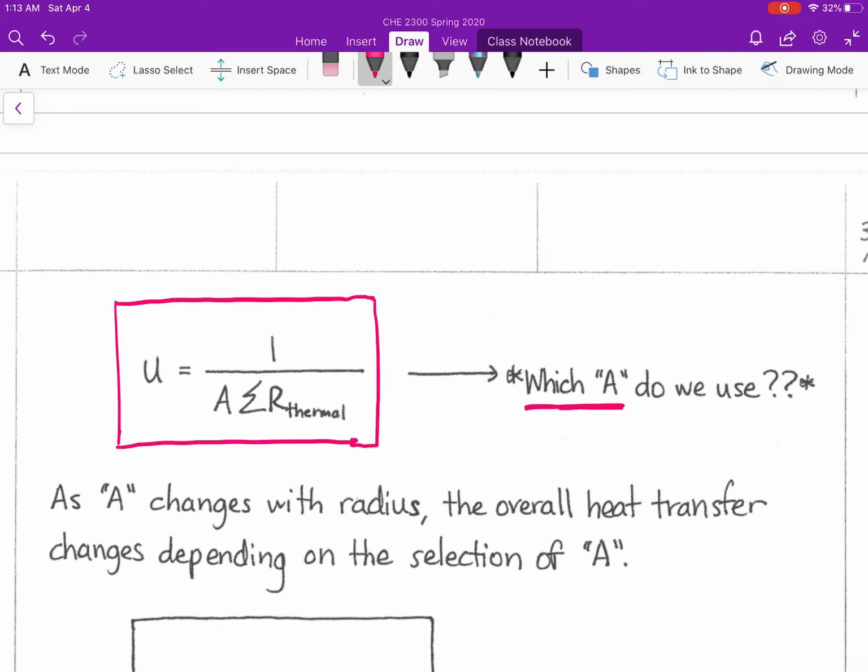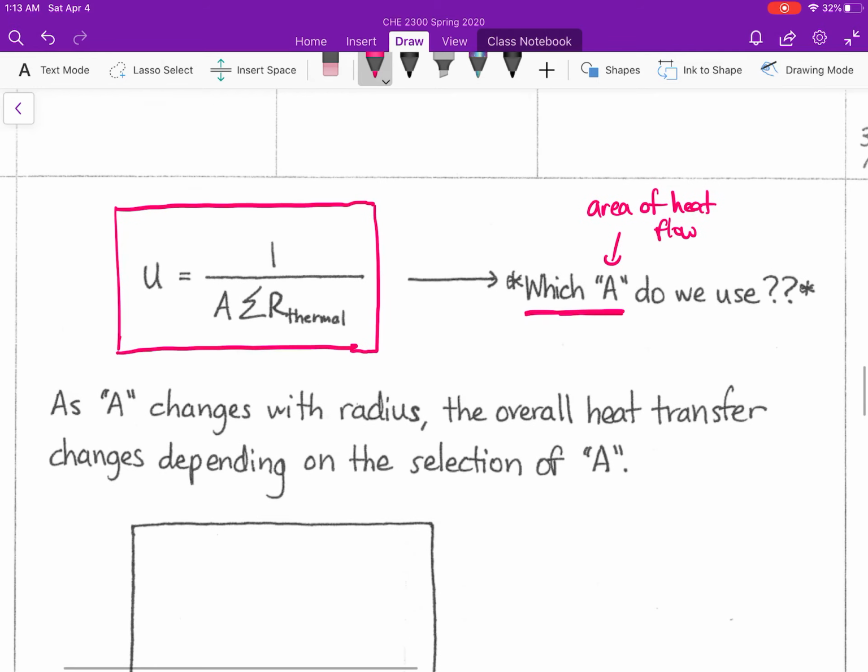And again, the question pops up, which A, or area of heat flow, do we use?